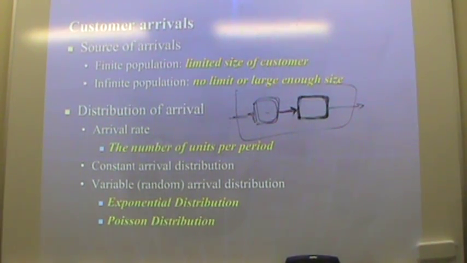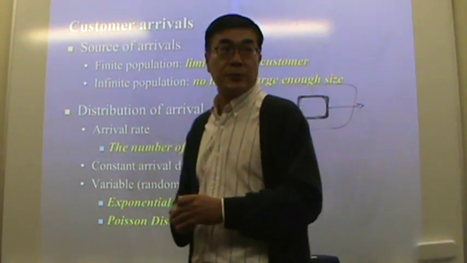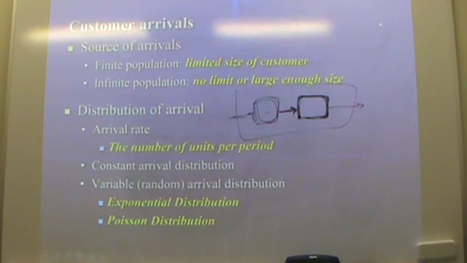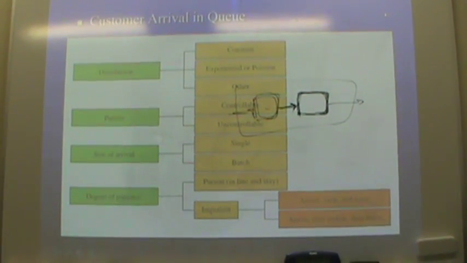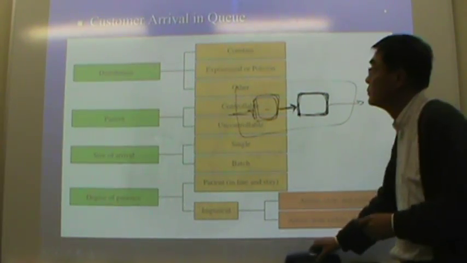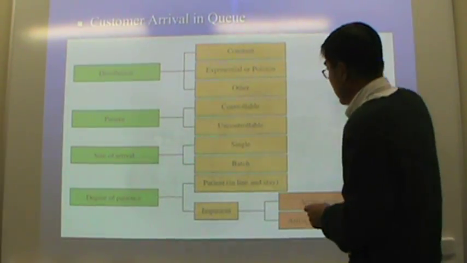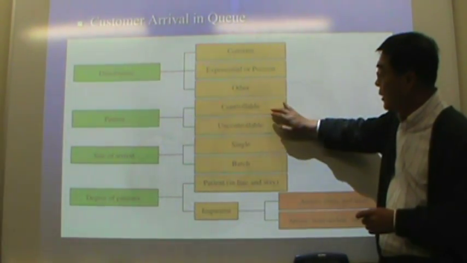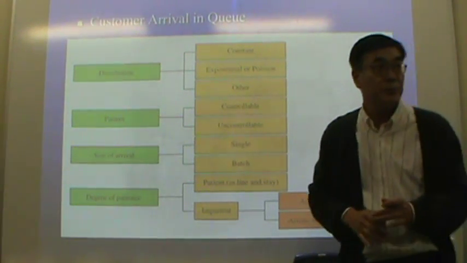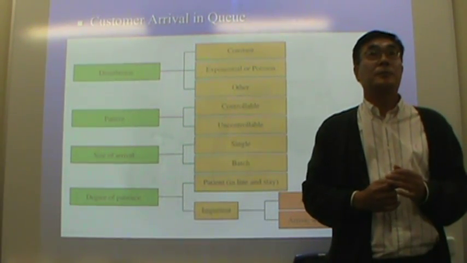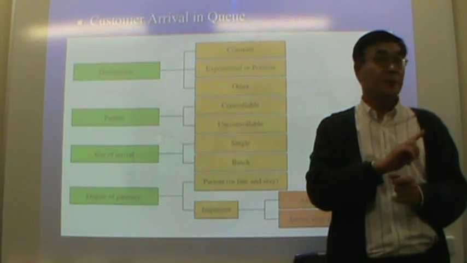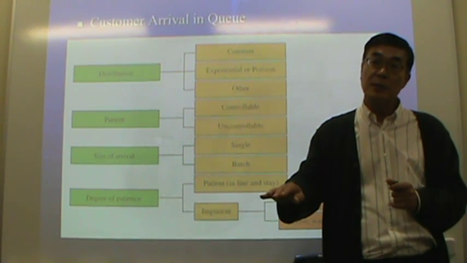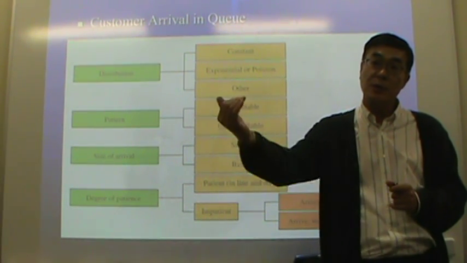Followed by exponential or Poisson distribution. Okay. Then customer arrival in the queue. We talked about distribution, constant or exponential Poisson, and pattern controllable or uncontrollable. Earlier, yield management: at not-busy times, low price, cost, then more customers come, right?